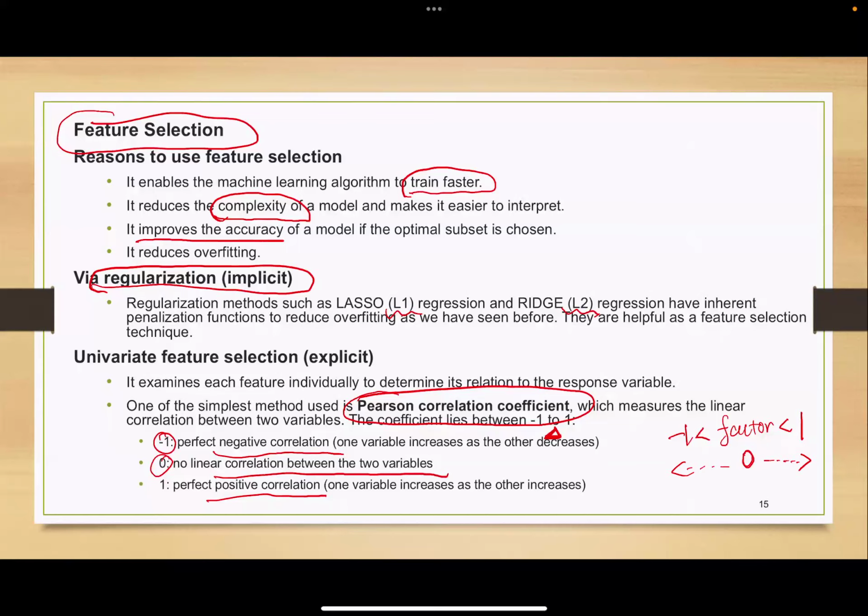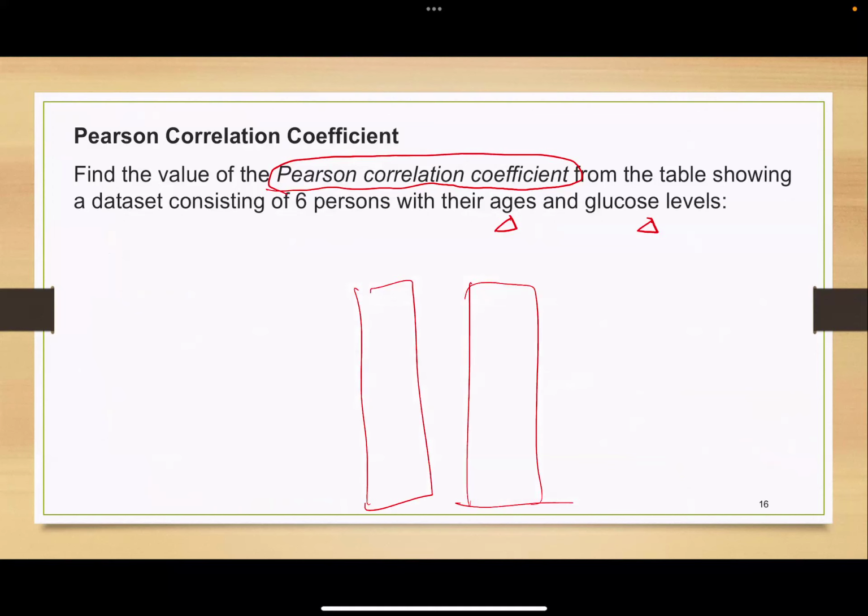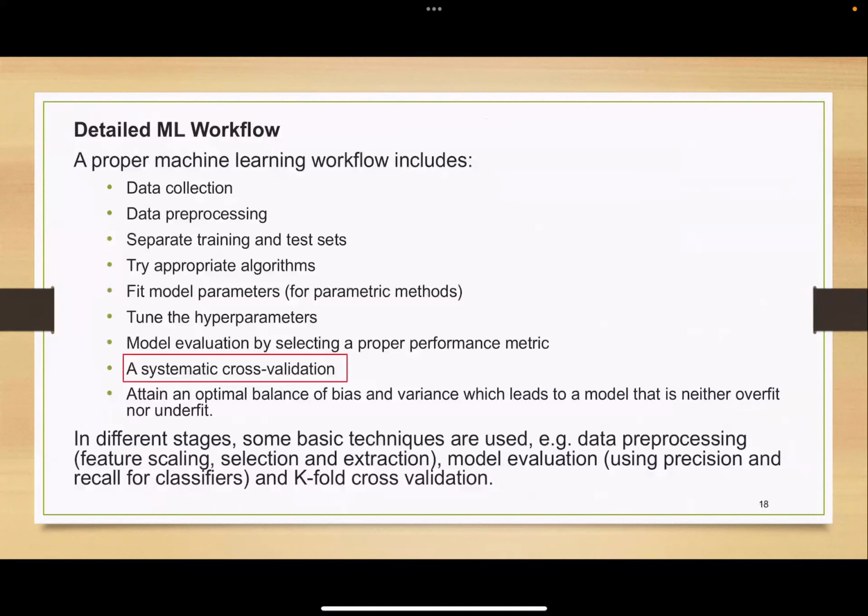When it is close to -1, the correlation is negative, so they are growing in a reverse or inverse way. If the coefficient is close to 1, it means they move in the same direction. They increase or decrease together, okay? So this is about the correlation between the features.